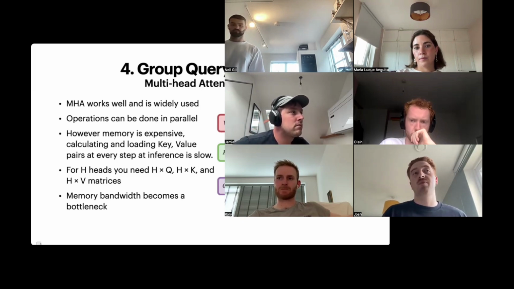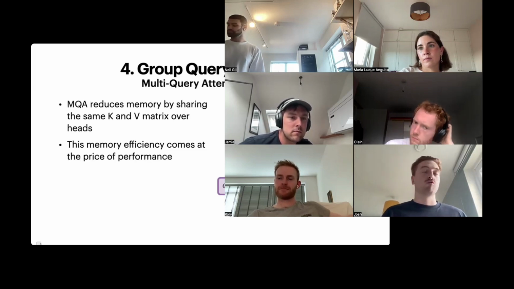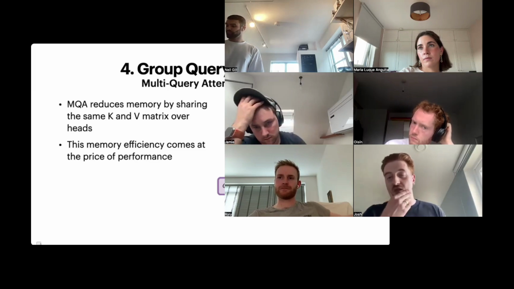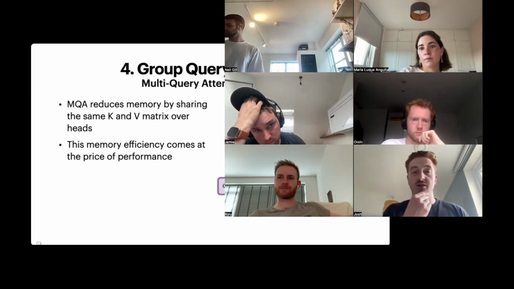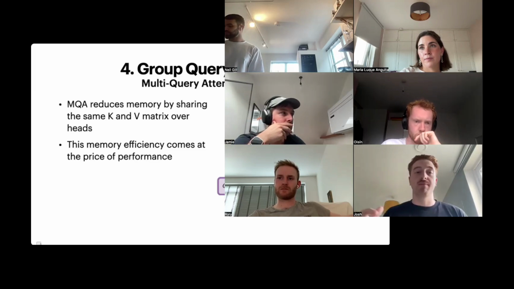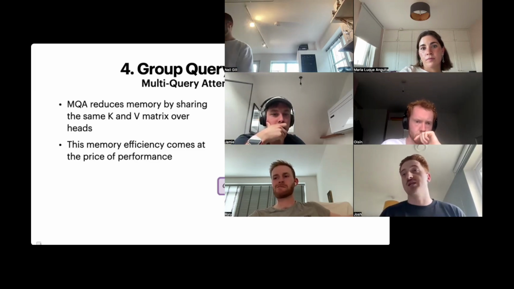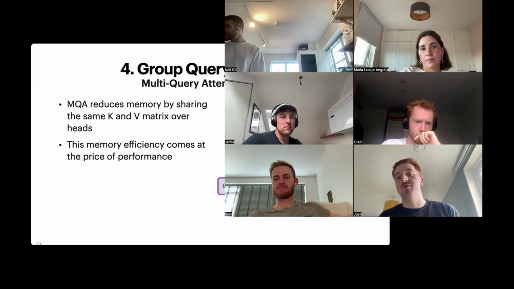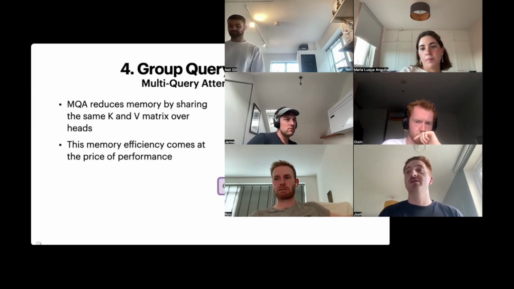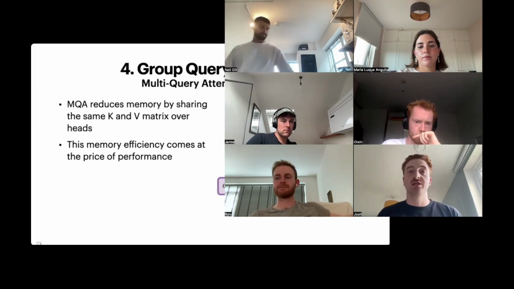So there are solutions though. One of the extremes is multi-query attention. The idea is that you reduce the key-value pairs; you take a hit to performance, but you get massive speedups. You project each token to a different query for H heads, but you only ever have one key and one value.